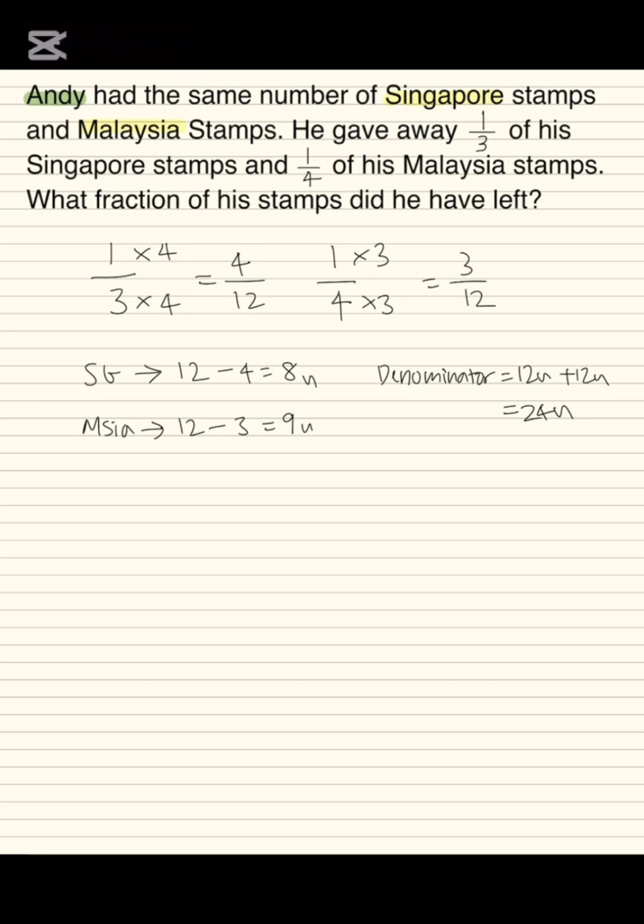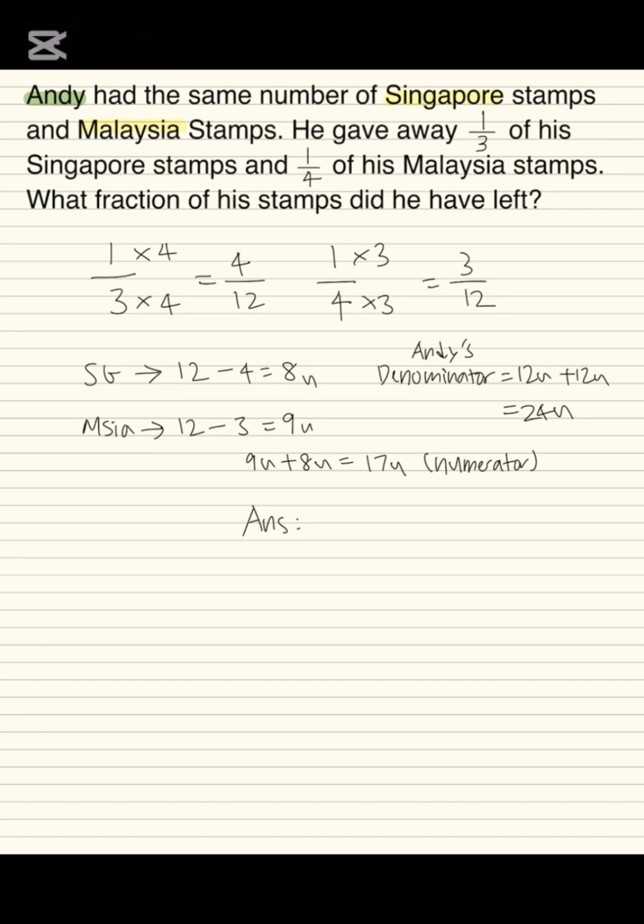And that's why the total for Andy, so this is Andy's denominator, is 24 units, because both the Singapore and Malaysia stamps belong to him. And in the end, your answer will be just take 9 units plus 8 units. This is 17 units. This is your numerator.